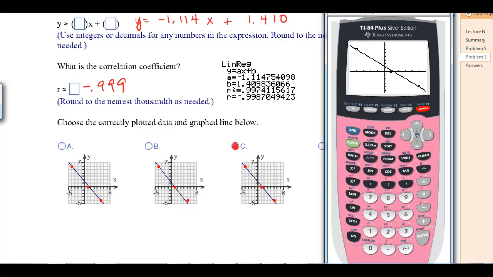Now they look a little bit alike. Let's change the window to match these, and let's have a -5 here and an 8 here. Y-min -5 and 7. Let's just see if that gives us a little bit better picture.